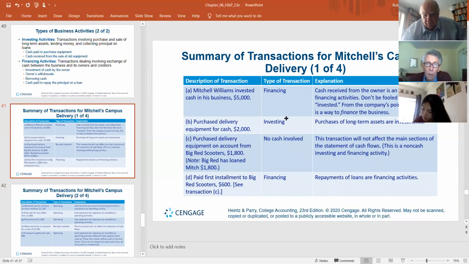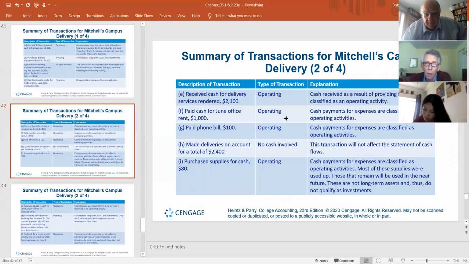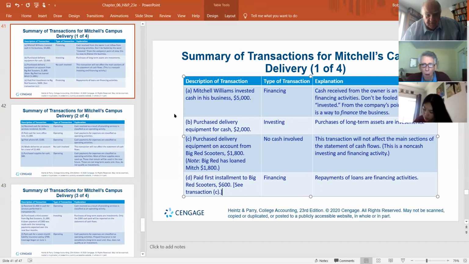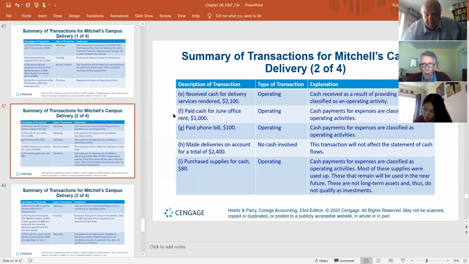Maybe glance at this grid here. And I'm deliberately going a little bit quickly here. Different types of transactions. He invested money, that's financing. He purchased a big piece of equipment, investing, and so on. Investing is buying a fixed asset, buying stock in another company. Here are your operatings.